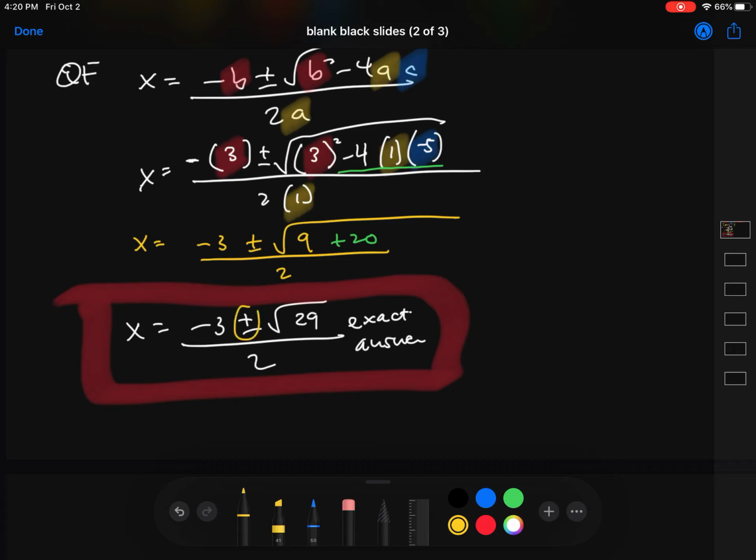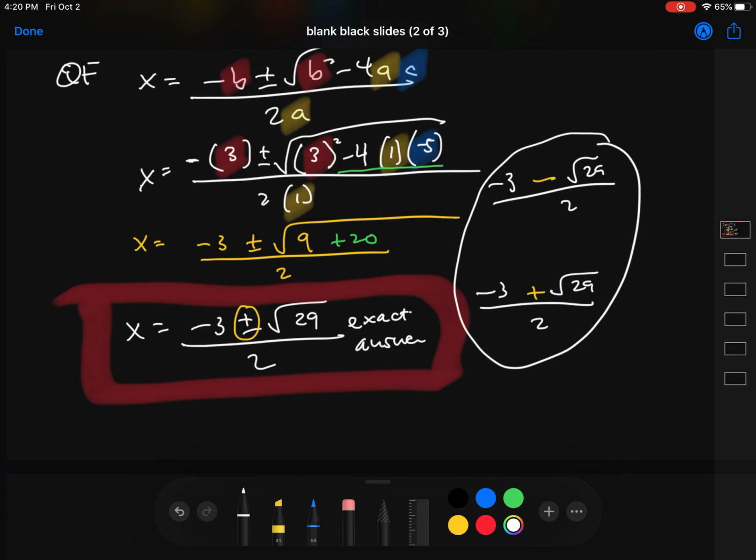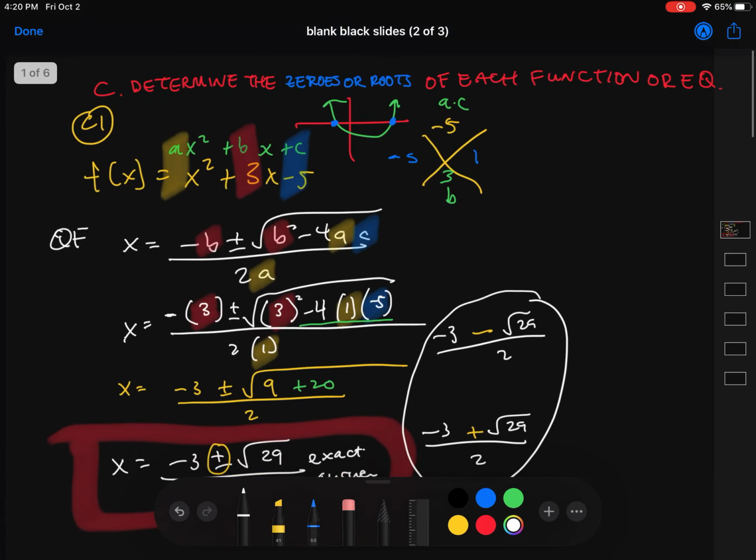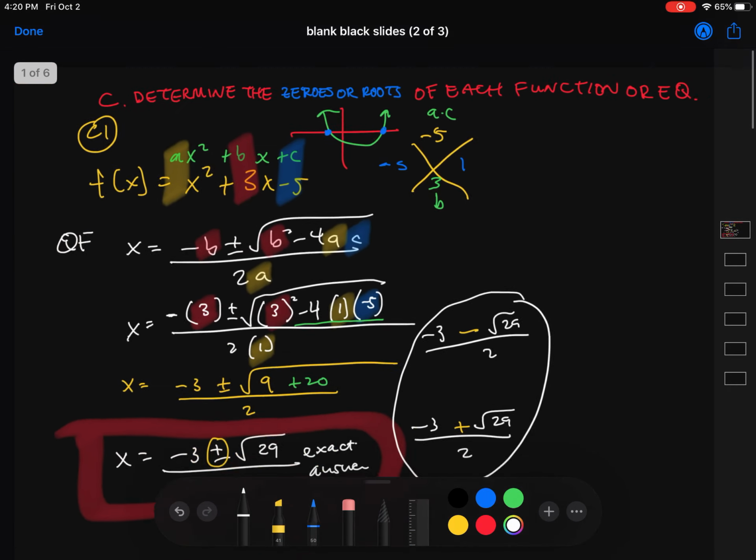The plus or minus just means you have two problems. You have negative 3 plus radical 29 over 2, and negative 3 minus radical 29 over 2. So you really have 2 solutions here. And remember, that means that the quadratic crosses in those 2 places.